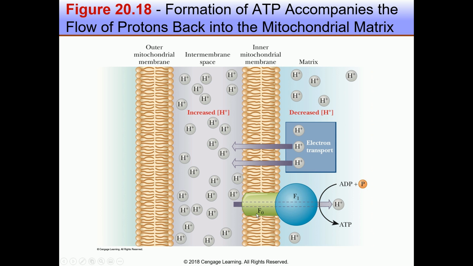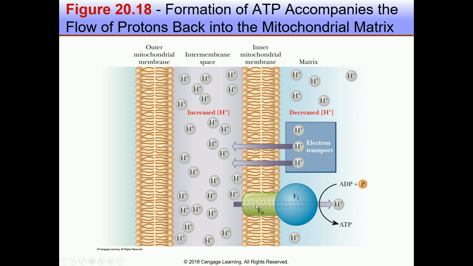So this is the outer membrane of the mitochondria, this is the inner membrane of mitochondria, this is the intermembrane space. Here is accumulation of a lot of protons, and this is ATP synthase. This is FO, the part of the protein which is embedded in the inner membrane of mitochondria, and this is the part which is protruding out.